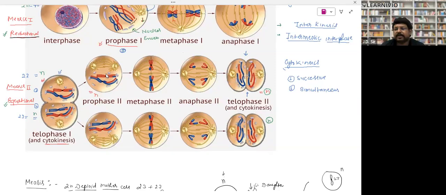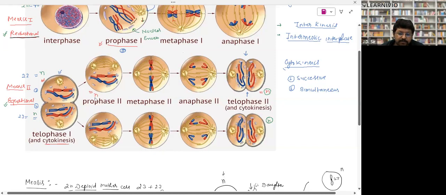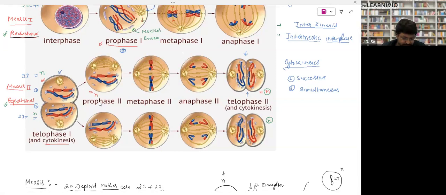Full stop. It takes place simultaneously in two cells, so prophase second takes place in both of the cells. Full stop.